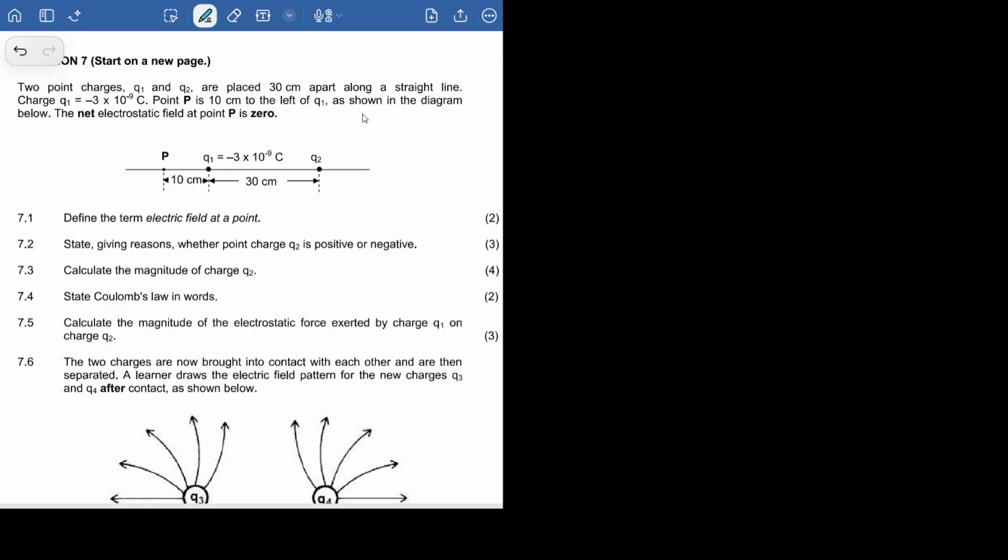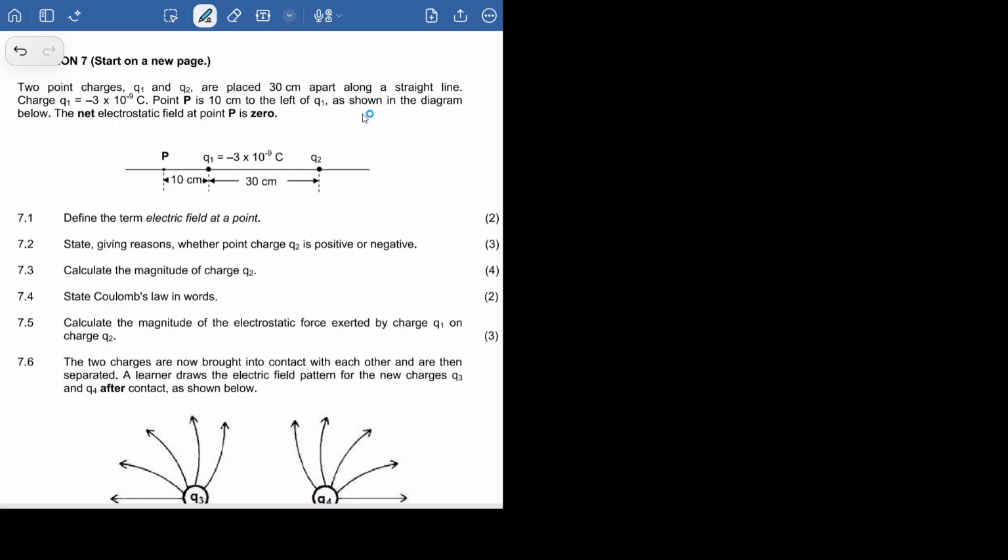Now you need to calculate the magnitude of charge Q. The formula that you're going to use is E equals to KQ divided by R squared. Why? Because we are talking about electric field, not electrostatic force, but electric field at a point.